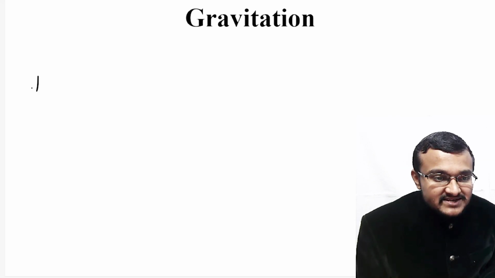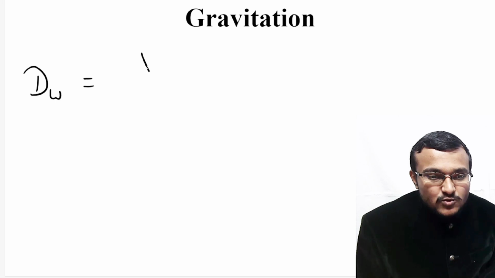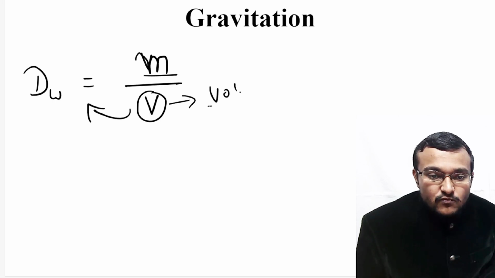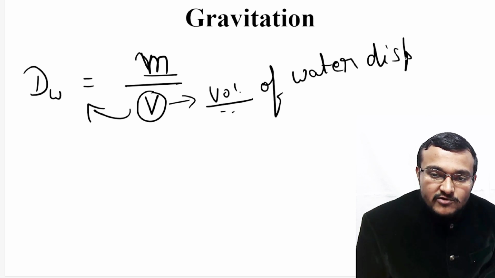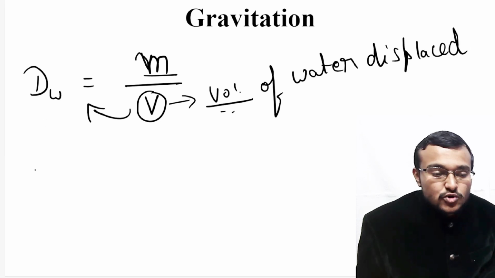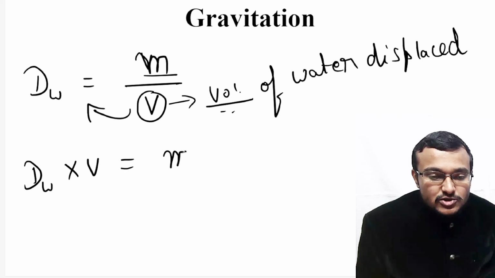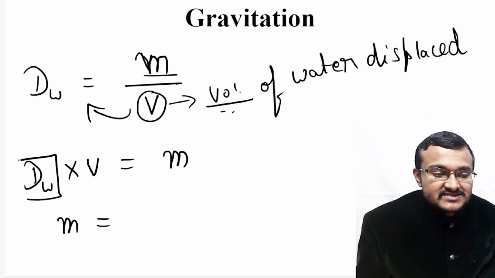We know density of water is equal to mass by volume. This is the volume of water displaced, which you will be taking as V, which will go to the LHS. So it will become dW into V is equal to mass. So mass M is equal to, what is the density of water?